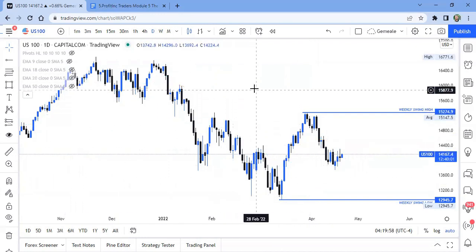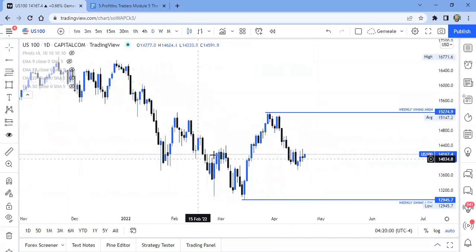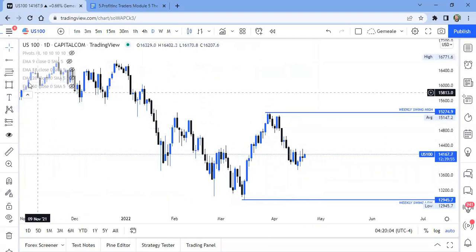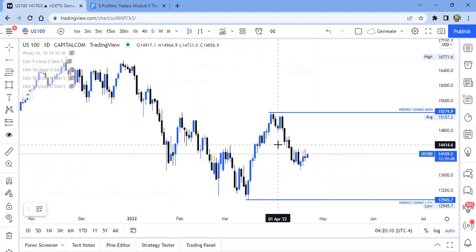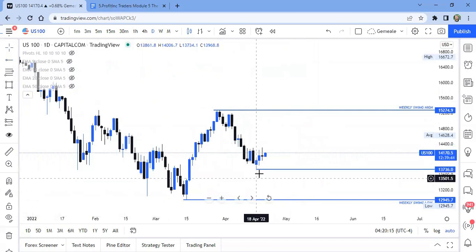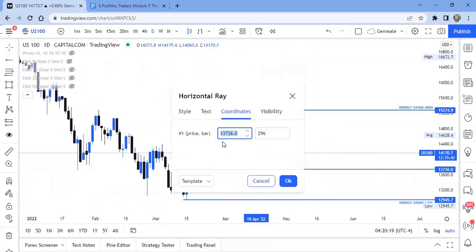Okay, very good. Let's have a look here on the daily time frame. Next, we're going to mark off our key swings as well. So let's look for the most recent key swings. Here I can see we have a swing low right here. Let's label that.